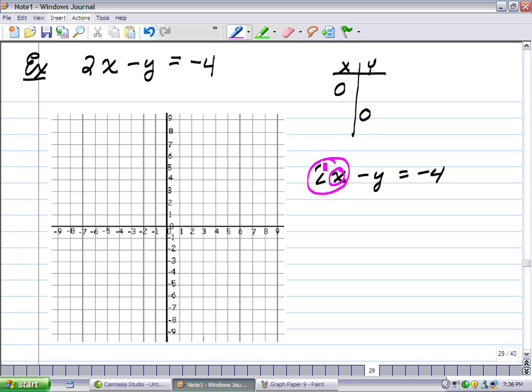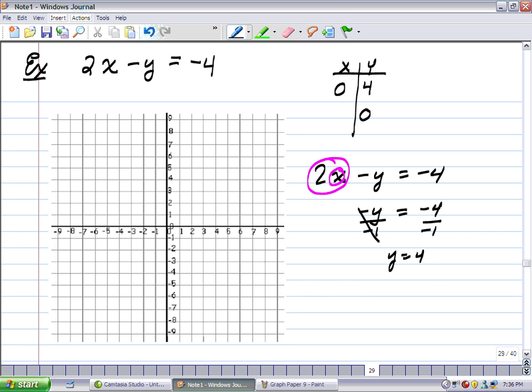It becomes 0. So usually I would cover that up with my hand, ignore it, and look at just this part. -y equals -4. What must y be? Must be 4. If that's difficult for you to do in your head, go ahead and do the division, dividing both sides by -1, and get y equal to 4.